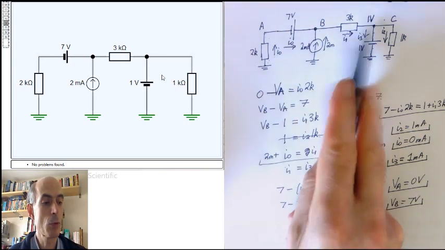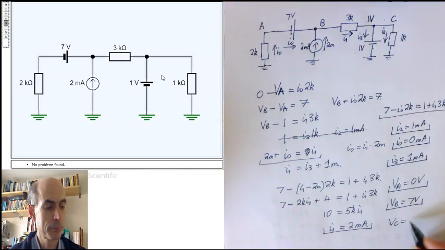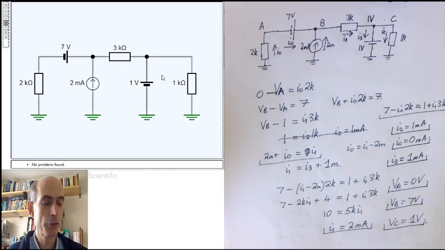And VC, we already knew, is 1 volt. So, we have solved it. It is fairly tedious. It's very easy to go wrong. But when you do get nice round numbers like this, at least in an exam, you'll get that feeling of confidence that you're probably on the right lines.